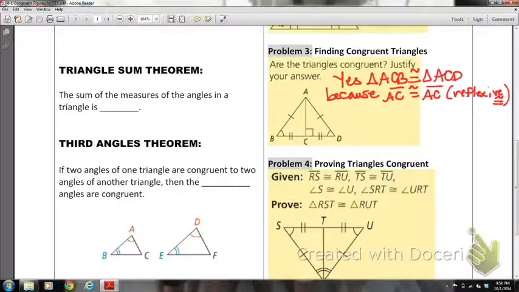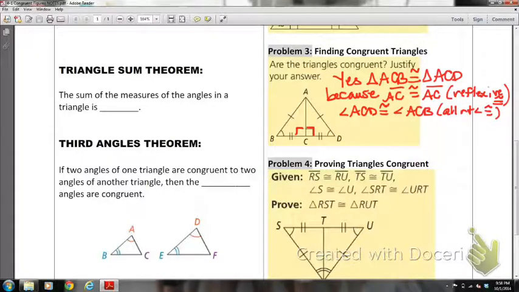And we also know that angle ACD and angle ACB, these two angles down here, are congruent because all right angles are congruent. That's the right angle congruence theorem.